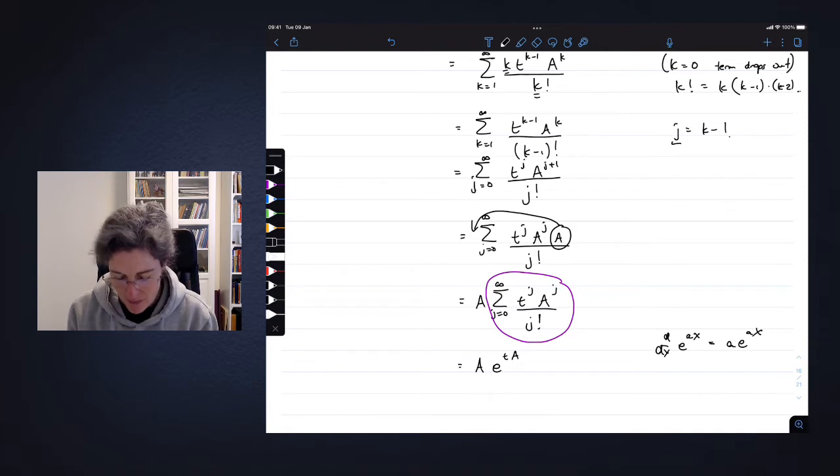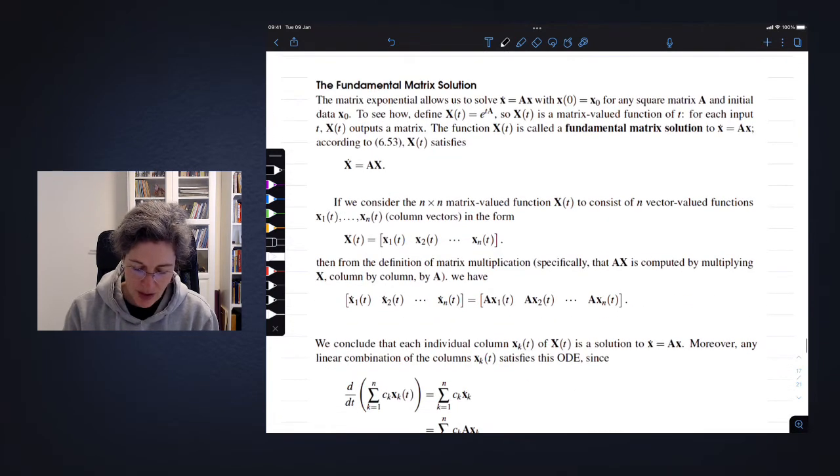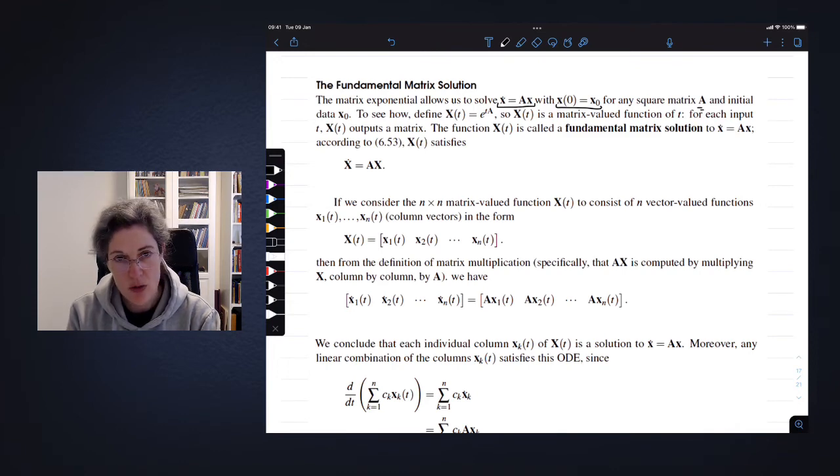Okay, now that we have the derivative, we can use this to solve differential equations. How do we do that? So we're trying to solve homogeneous differential equations of this form with some initial conditions for any square matrix A and any initial conditions that we like.